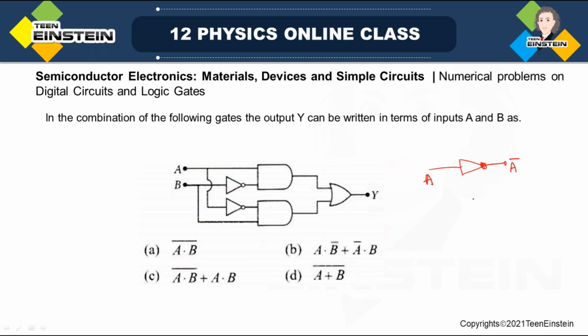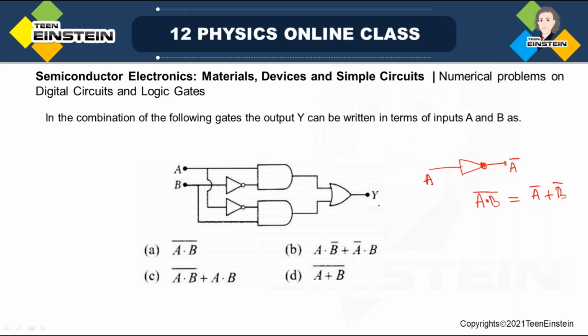And one thing: suppose you have A dot B whole bar. That means A and B, and this output of the AND gate is fed to a NOT gate. So this can be written as A bar or B bar, or vice versa. Both ways it can be written.